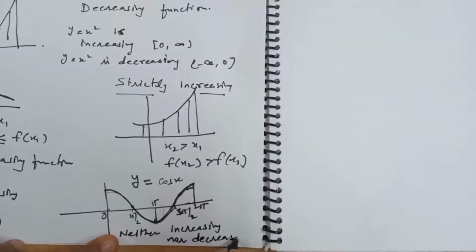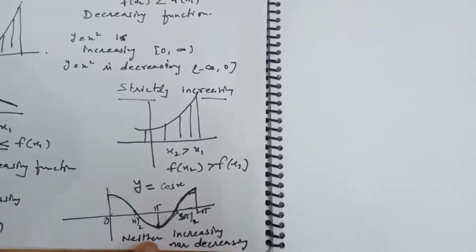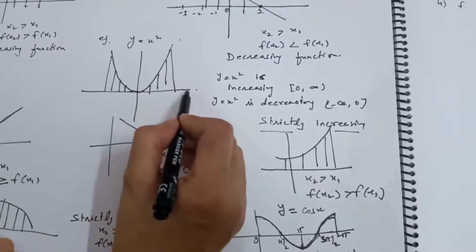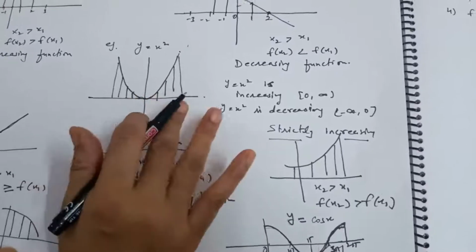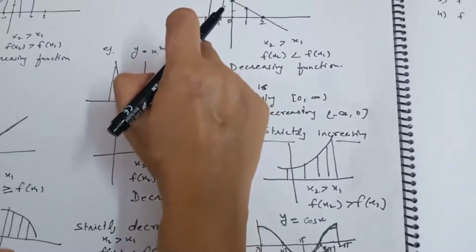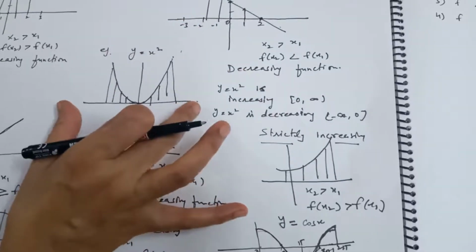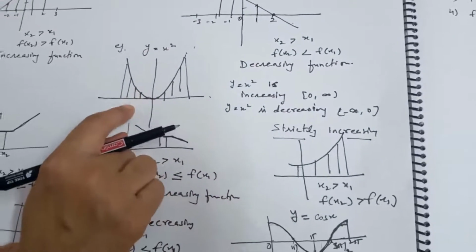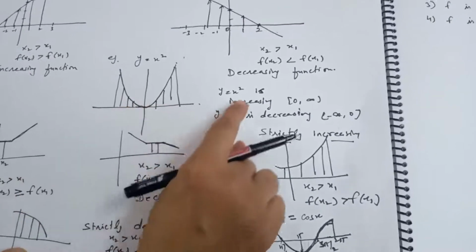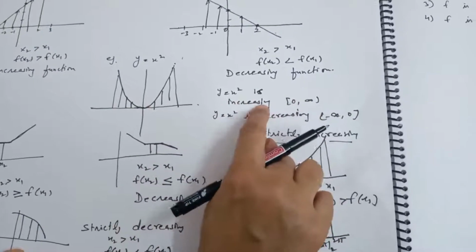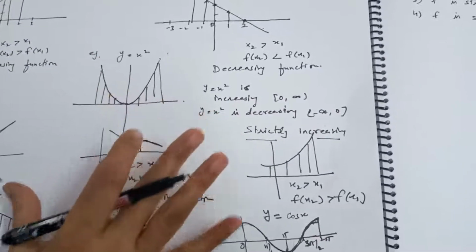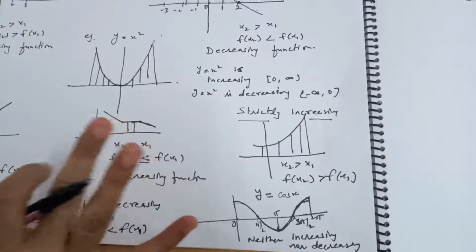Similarly, like I told you, y equal x square, for the complete R we will say it is neither increasing nor decreasing, because in some part it is decreasing and in some part increasing. But for a particular interval, I can tell: from 0 to infinity it is increasing, but from minus infinity to 0 it is decreasing. So this was the basic concept of increasing and decreasing functions.